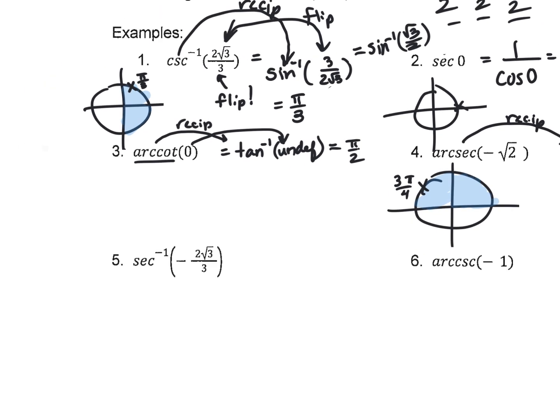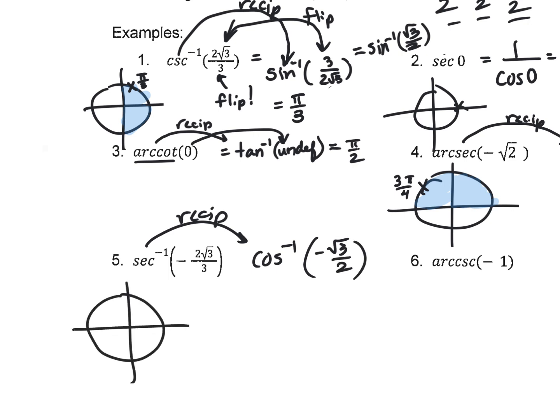Try this one on your own. Recip, flip it. What is the recip of this guy? Reciprocal of secant? Cosine. So inverse cosine. And if we flip that guy over, what do we know it is going to be? So negative root 3 over 2.